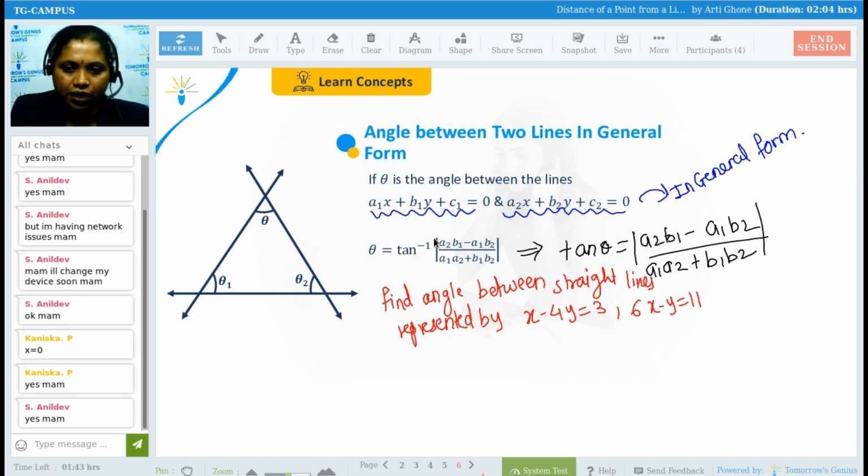Do it quickly, everybody. Find the angle between the straight lines represented by x minus 4y is equal to 3.